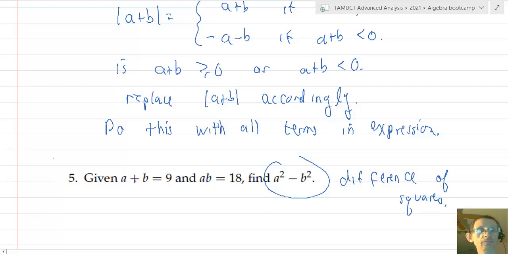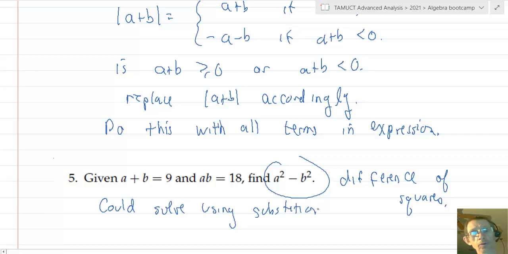Okay. All right, now you could just go ahead and solve this directly using a quadratic formula. You can use substitution. Okay, all right. By substitution, what do I mean? Well, here from this first expression here, a plus b equals 9, you can use that. You can use these two together.